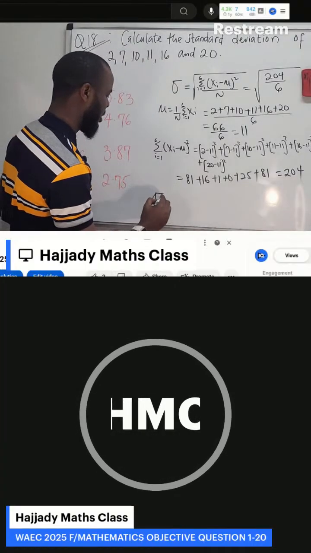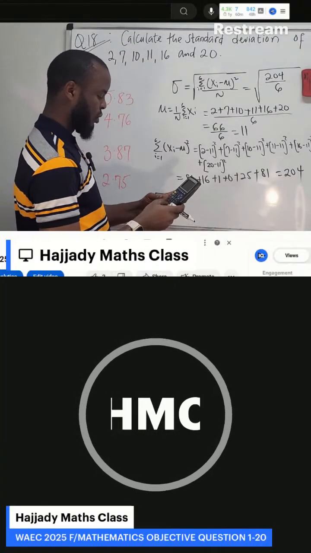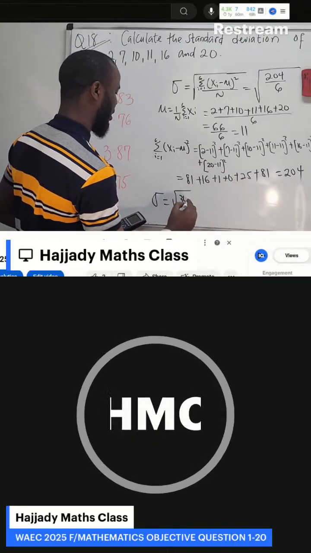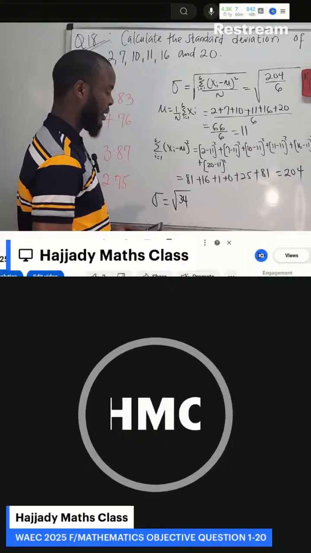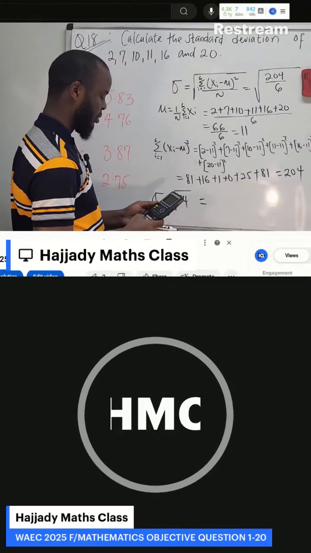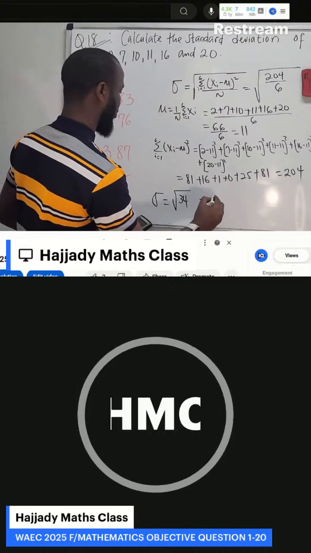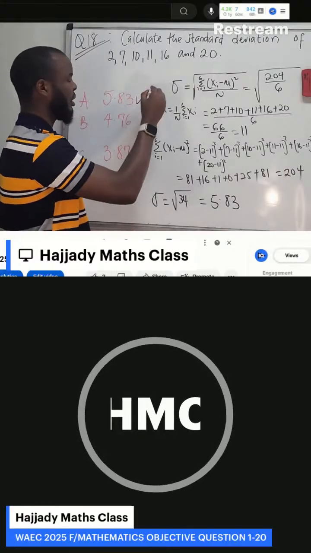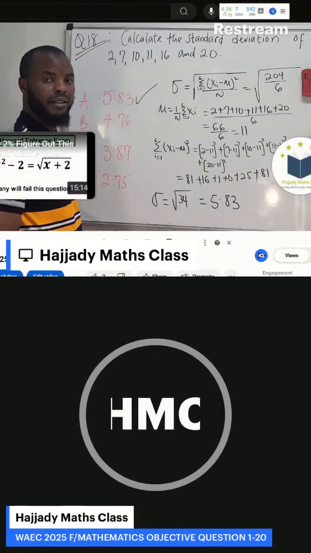So let's continue here. Sigma is going to be 204 divided by 6, which is root 34. And the square root of 34 should be 5.83. So this makes option A the right answer.